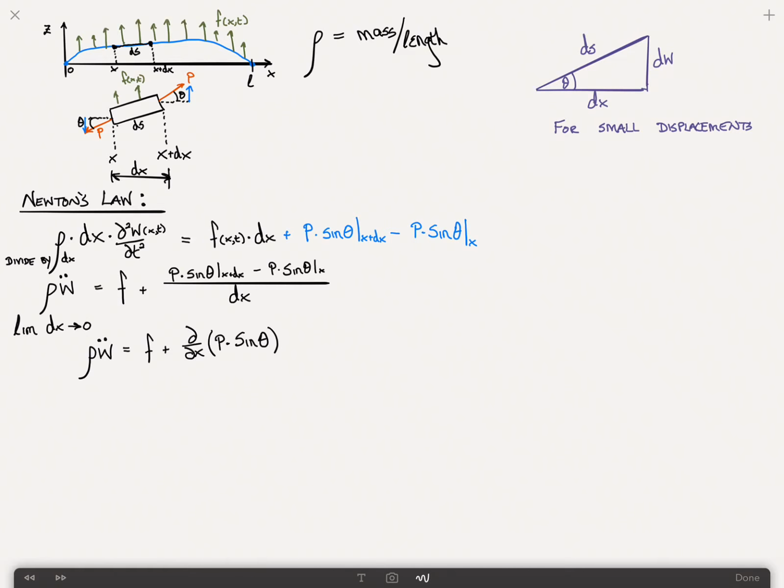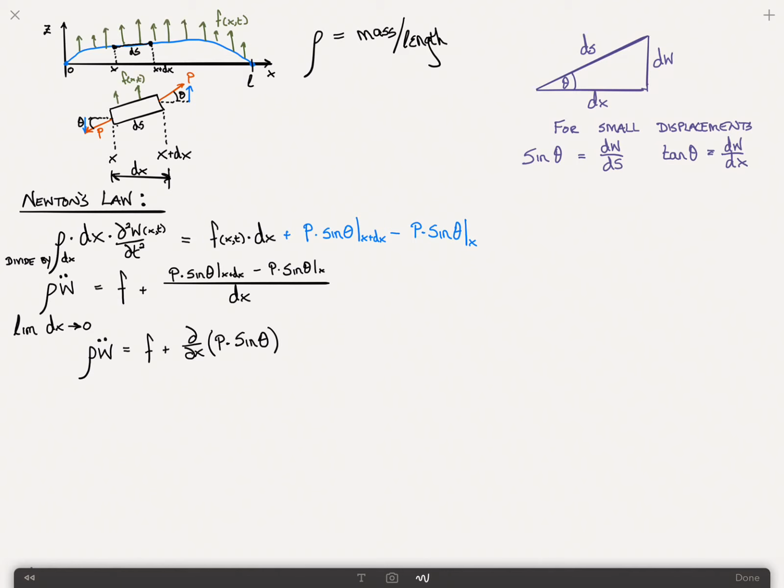What I'm saying is that sine of theta is equal to dw divided by ds. And I'm going to say that tangent of theta is equal to dw, not a differential, take a total derivative at this point, dw by dx.